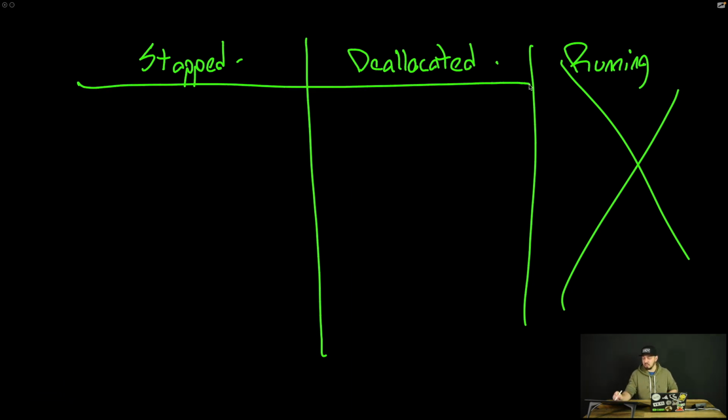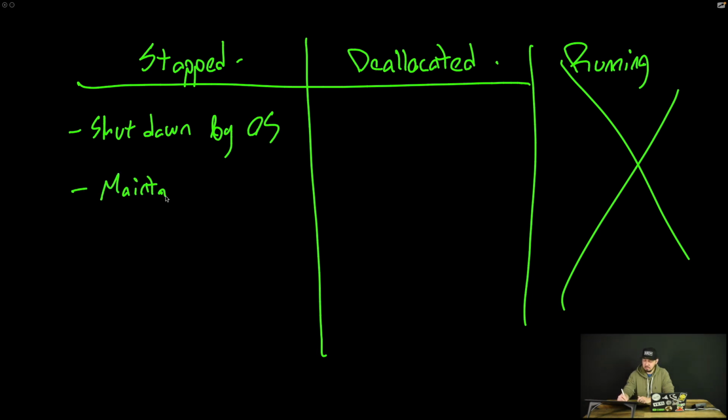Essentially, when we stop a VM, I'm going to say shut down by operating system. That's when we've just gone in, maybe run a shutdown command in Linux, or in Windows, we go to the menu and shut it down. That stops all the processes, that maintains IP addresses.